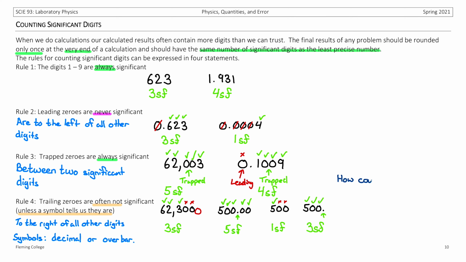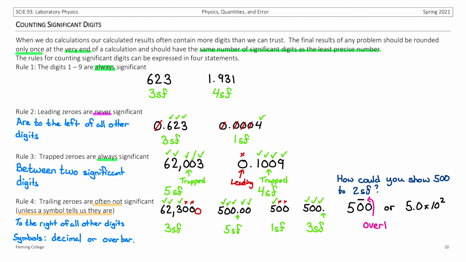Let's make this a little tricky. How could we show the value 500 with 2 significant figures? If we put a decimal place, then that would give it 3. So this is where we consider the overbar. If we put an overbar over the middle 0, that means the 5 is significant, and the 0 with an overbar is significant, but the 0 to the right of that is not.